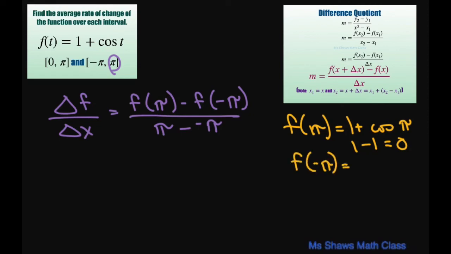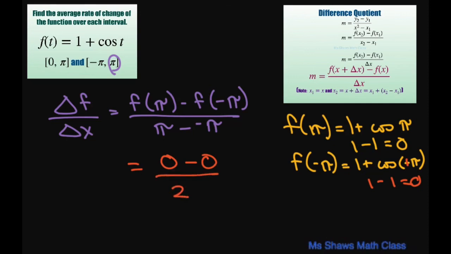That's going to equal 1 plus cosine of negative pi. Remember, cosine is an even function, so you could just change that to positive. So basically, you're just going to get 0. 0 minus 0 divided by 2 pi, which equals 0.